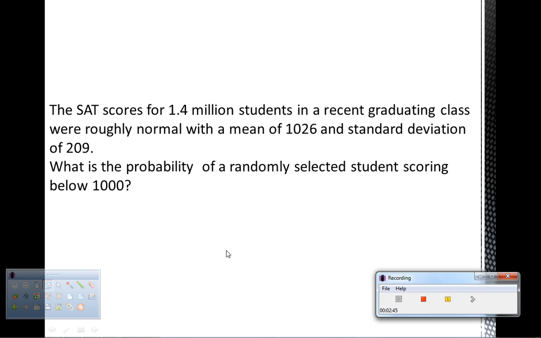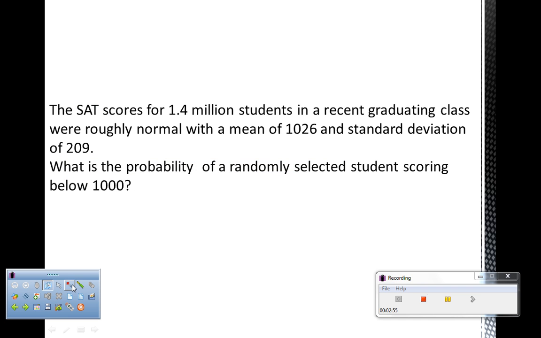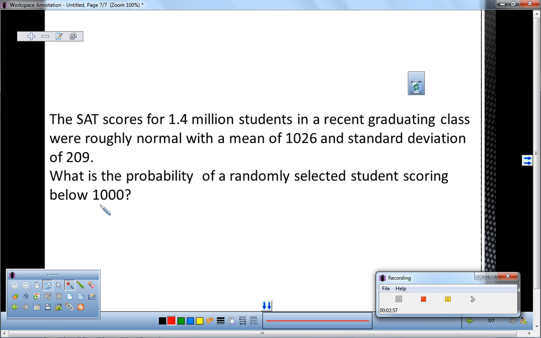Alright, here, using the same information, but this time we want to know what's the chances of picking somebody that scored below 1,000. Alright, so we need a z-score.